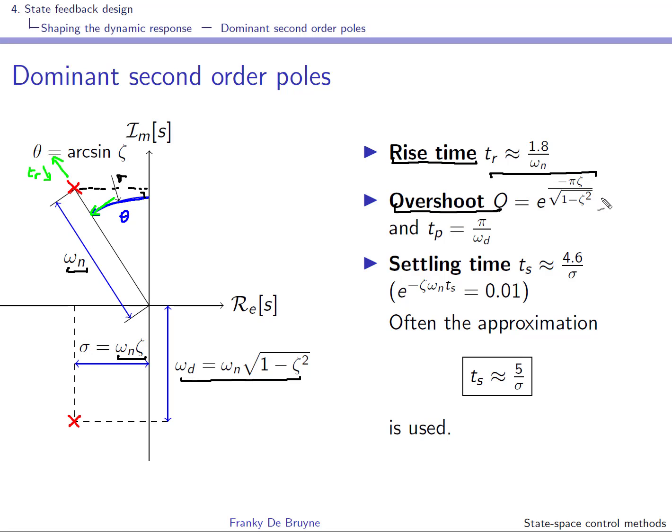So if you want to decrease the overshoot, you should push over here as I have shown.